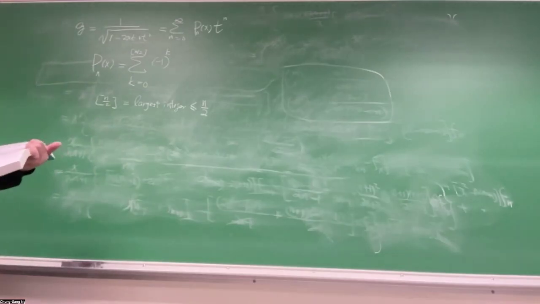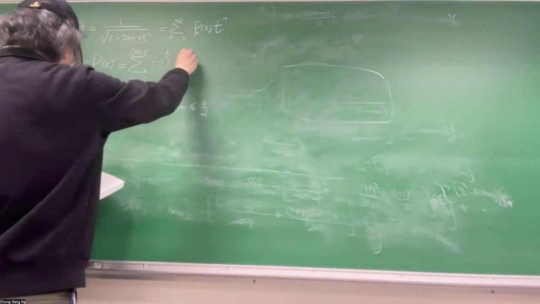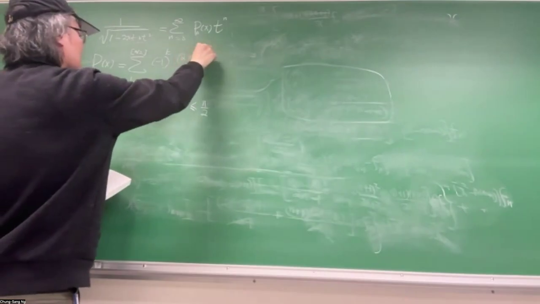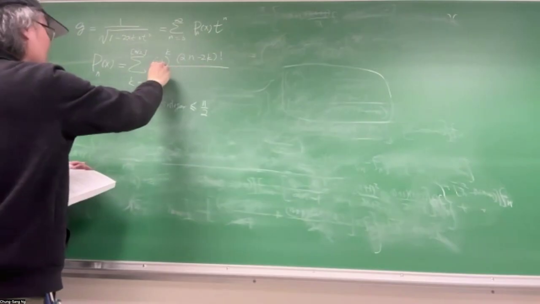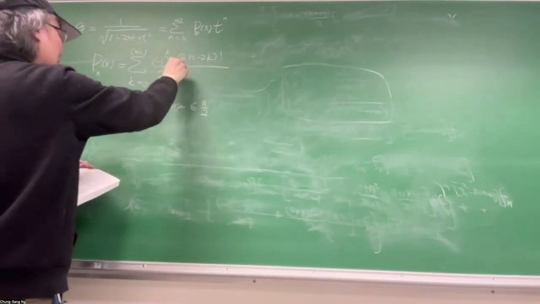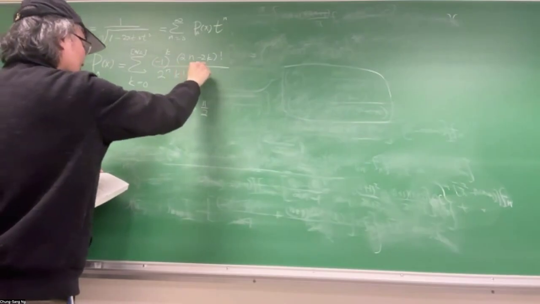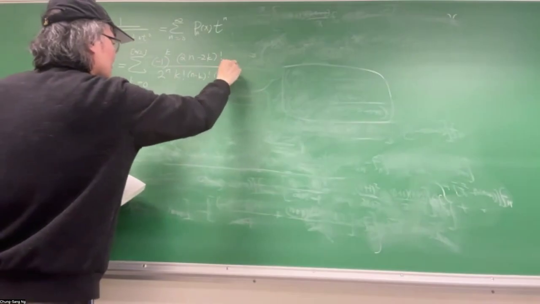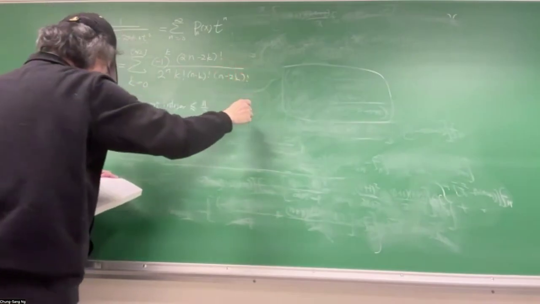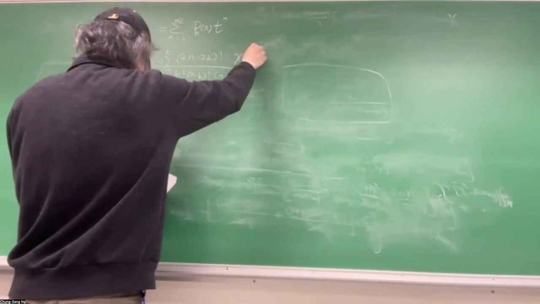But anyways, you need to be a little careful of the notation, and the rest is factorial (2n minus 2k) over 2 to the power n, k factorial, (n minus k) factorial, (n minus 2k) factorial, and then x to the power n minus 2k.